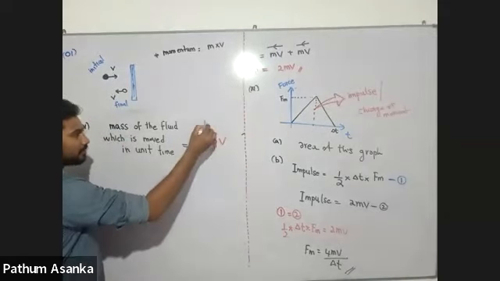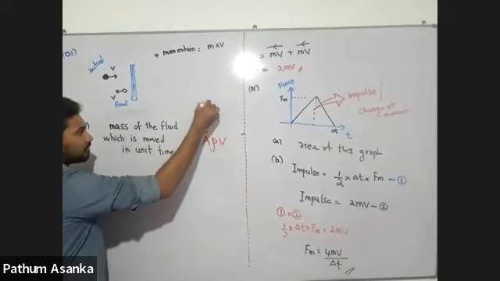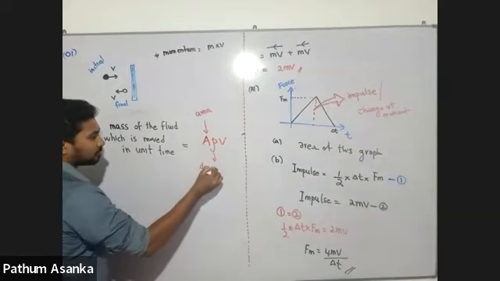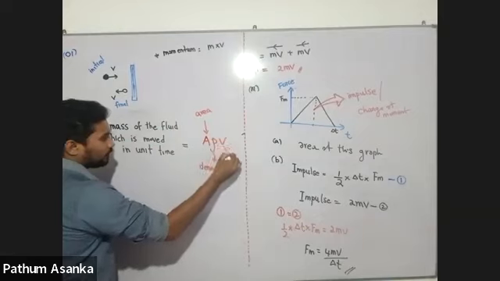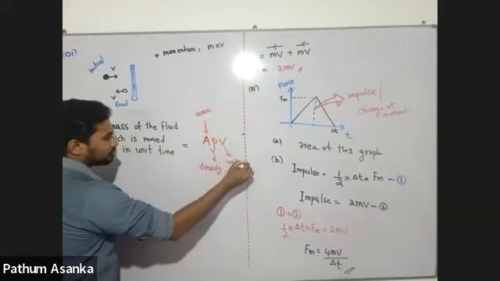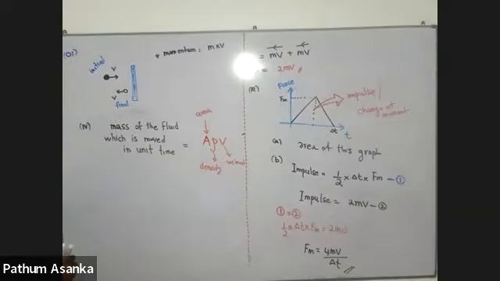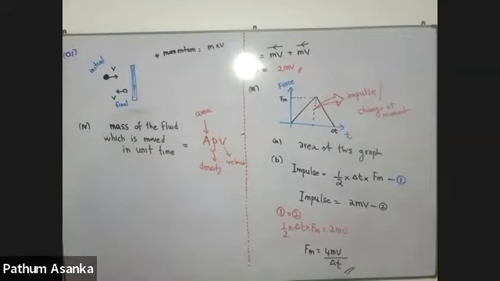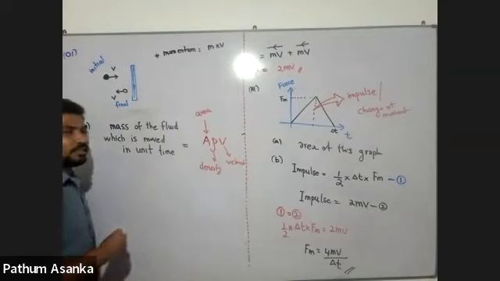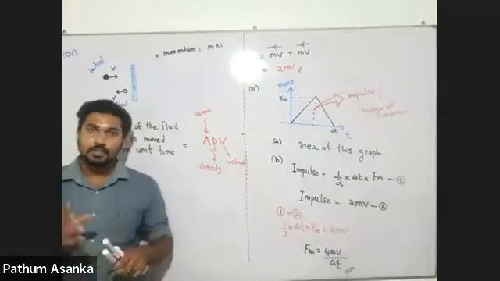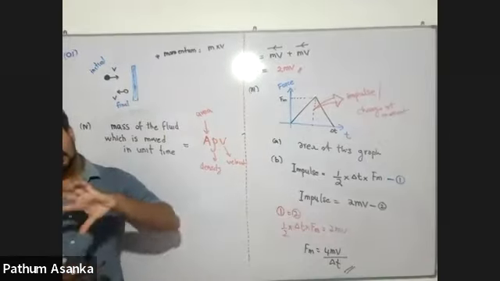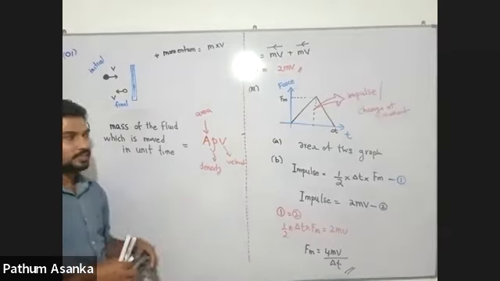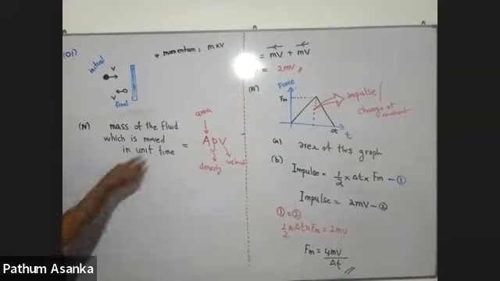Here A represents the area, rho means the density of the fluid, v means velocity. Right? So this is an uncommon equation, but it's very important when you take the mass of a particular fluid moving in a unit time, right?